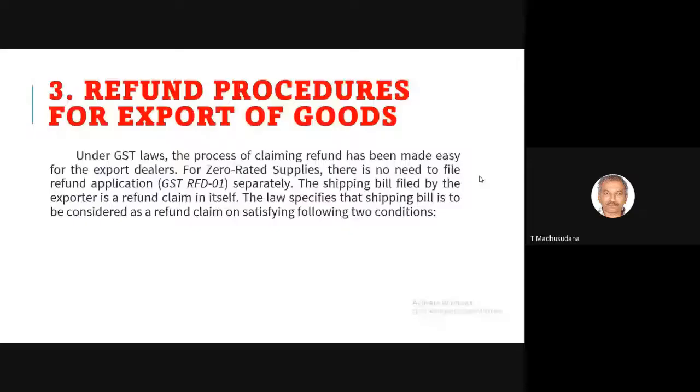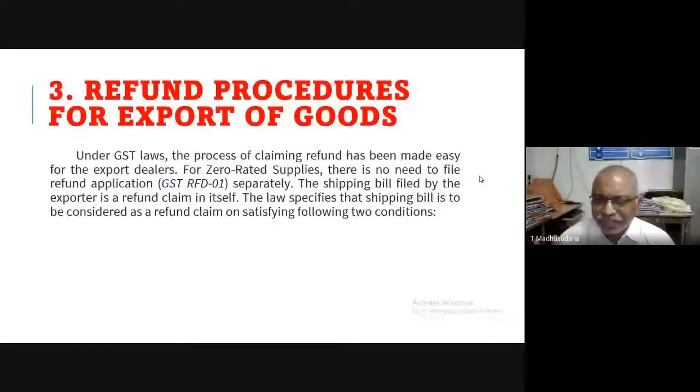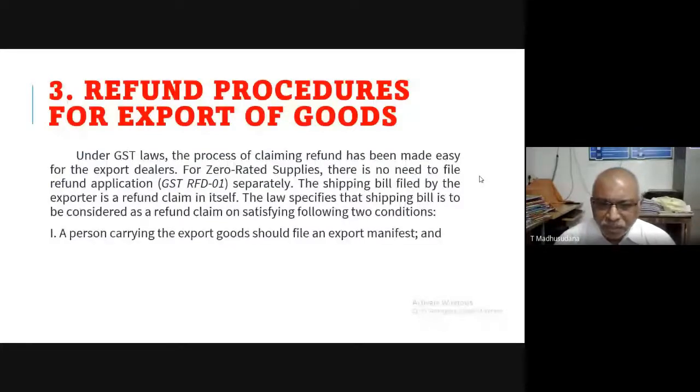But two conditions are to be satisfied. The law specifies that there are two conditions. What are those conditions? Number one, a person carrying the export goods should file an export manifest. The first condition is that those who have exported goods should file their information in the returns, the export manifest.